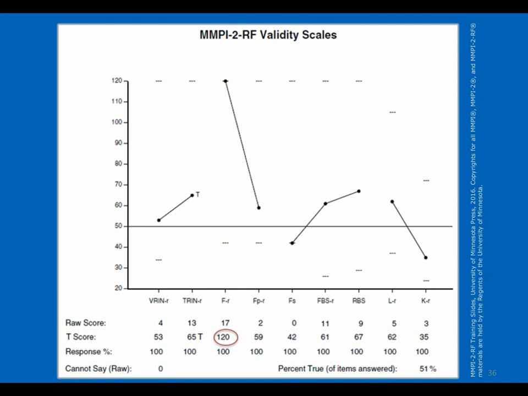So what that means is we're able to interpret the rest of the overreporting validity scales. Certainly someone may overreport in various different manners, and it is acceptable and relevant to examine the other overreporting scales. And also we are able to interpret the underreporting scales as well.